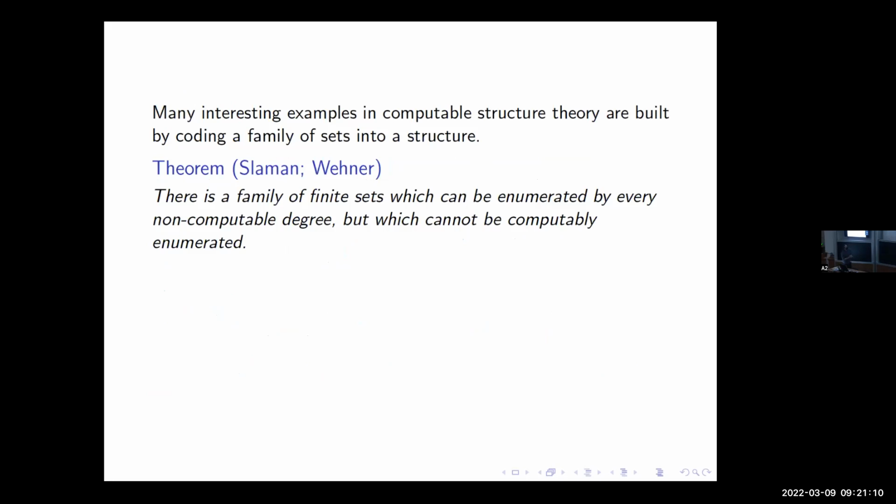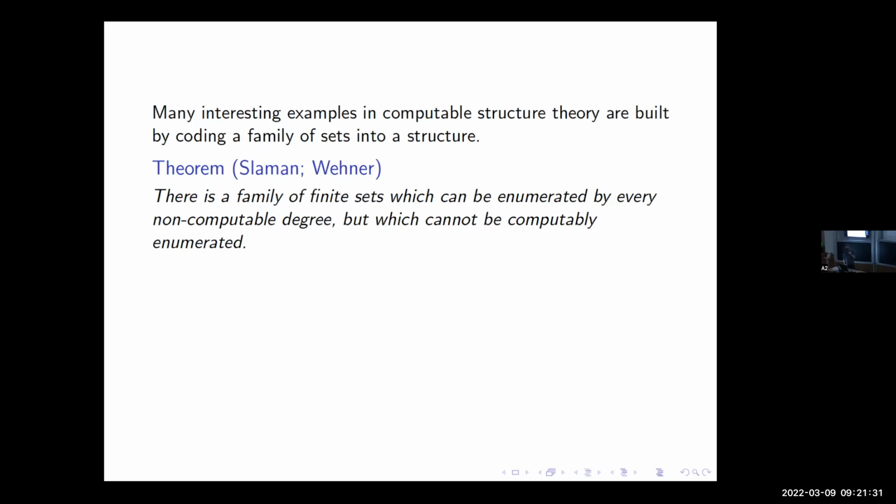So probably many people know that there's a ton of really interesting examples in computable structure theory that essentially boil down to building a very interesting family of sets and then coding it into a structure. So maybe the best or most interesting is this one from Slaman and Wehner.